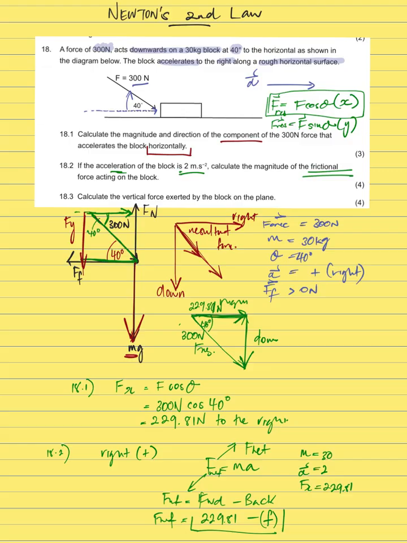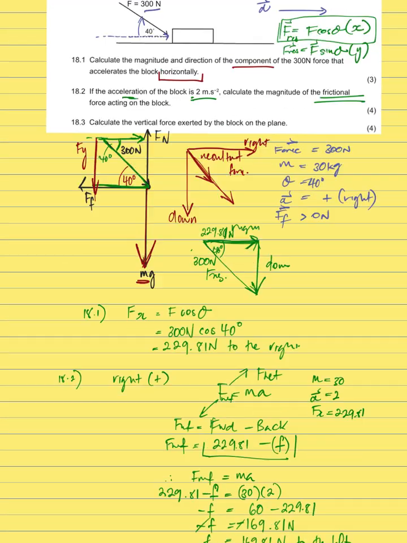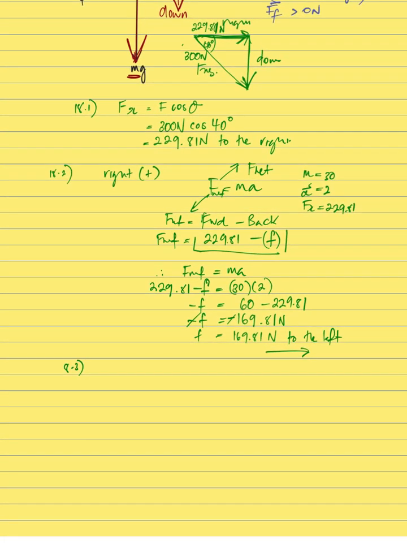Alright, so let's have a look here. 8.3. I know that Fy, the component, is F sine theta. And I'm going to get 300 times sine 40.